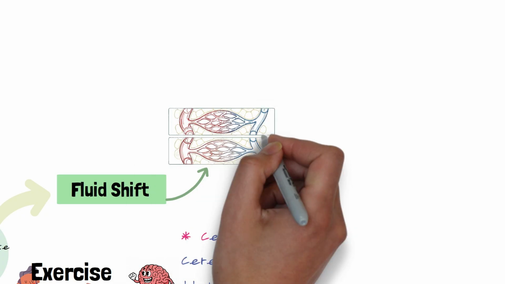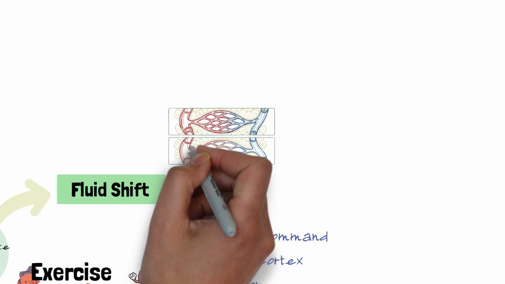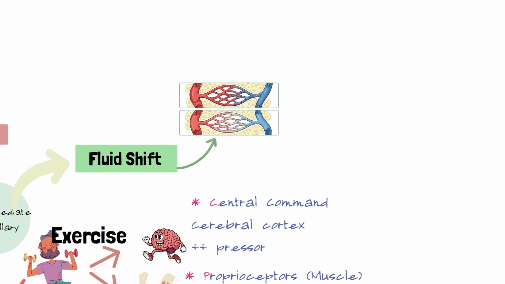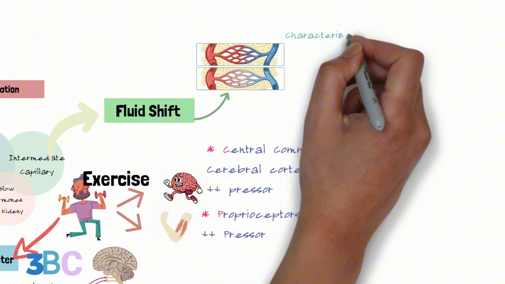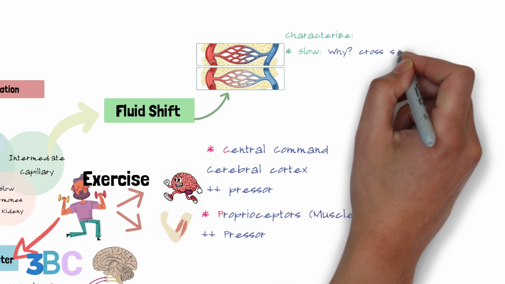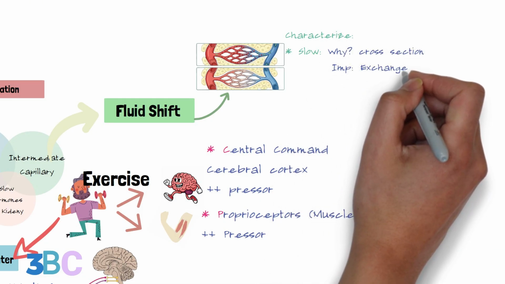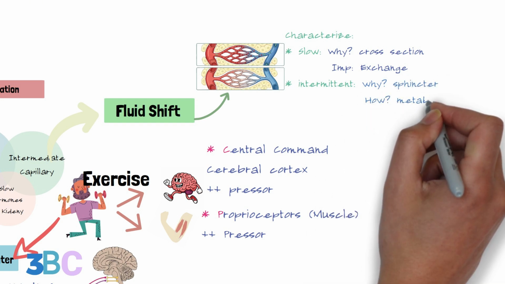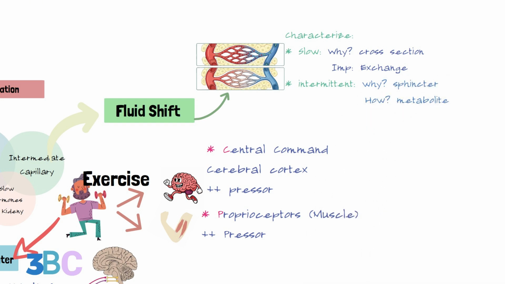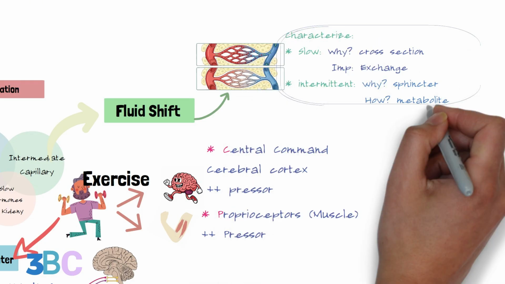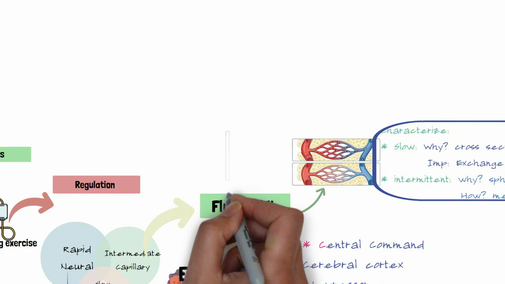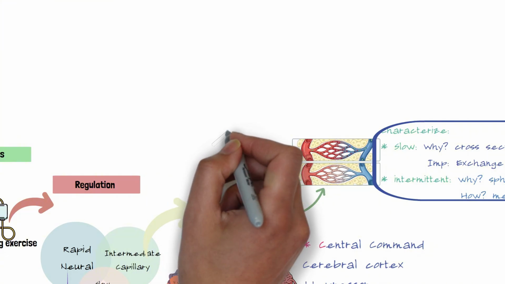First, it is slow, because it has a huge total cross section, and an increase in the cross section results in a decrease in the flow. The second is that capillary flow is intermittent, not continuous, due to contraction or relaxation of the precapillary sphincters, and this depends on the metabolites. Increased metabolites will relax the precapillary sphincters.